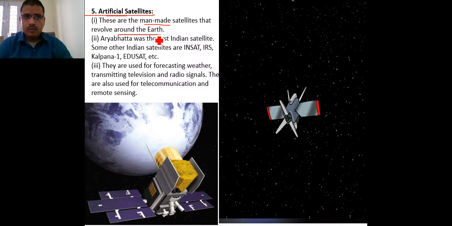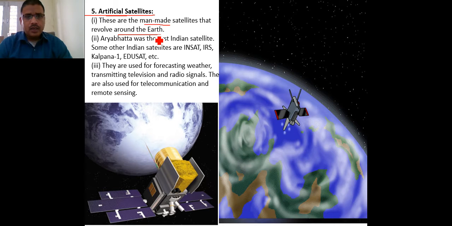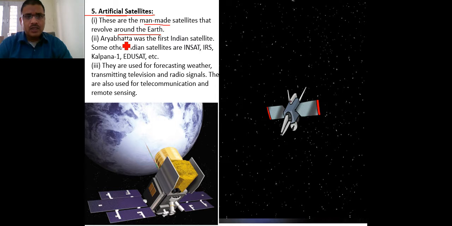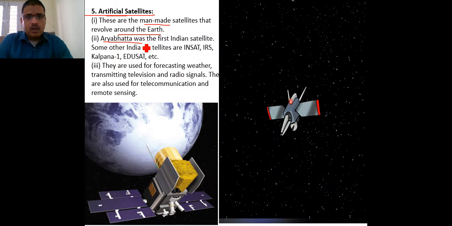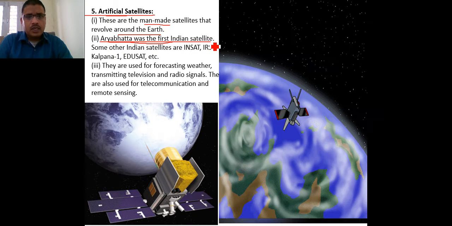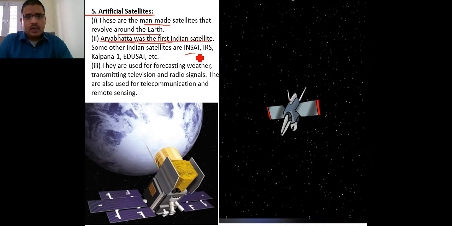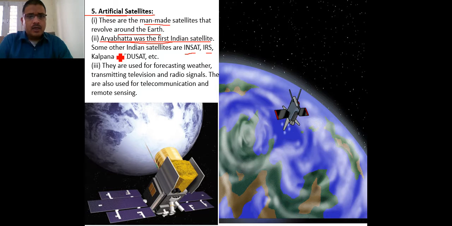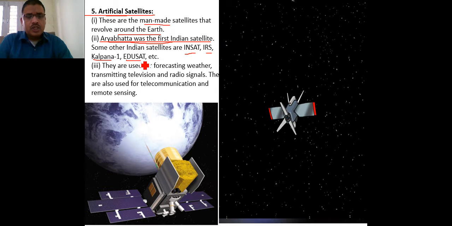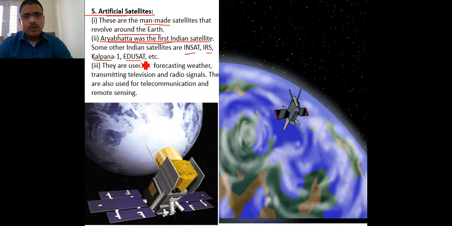Aryabhata was the first Indian satellite. Some other Indian satellites are INSAT, IRS, Kalpana 1, and EduSat. These are some common names of the satellites established in space.